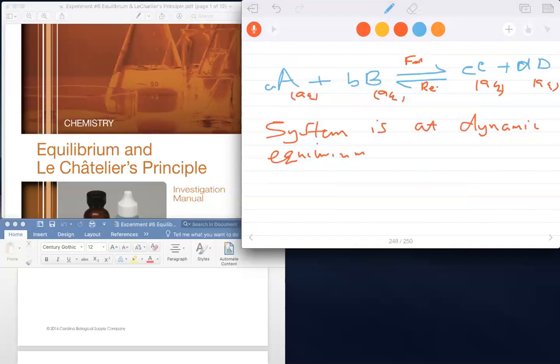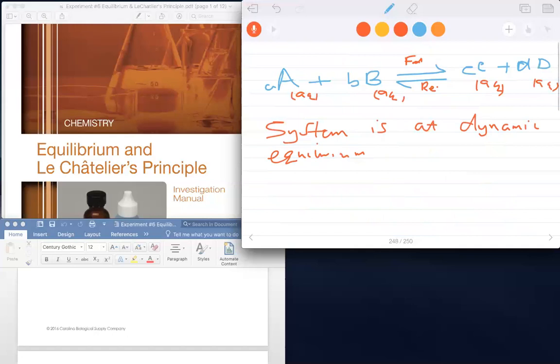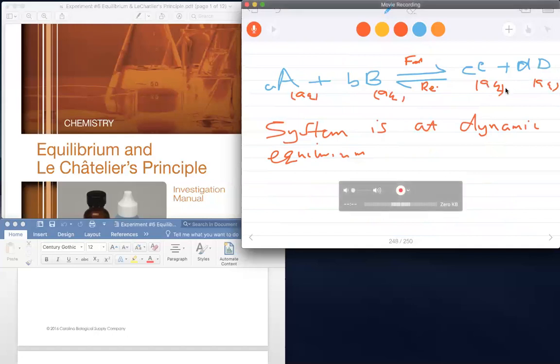Now, it will shift away from what you are adding. So in terms of stress, if we increase the reagent, it will shift away. I'm going to use an arrow here, which indicates that it is shifting away from what you are adding. Likewise, if we increase the product on this side, it will shift away from what we are adding.